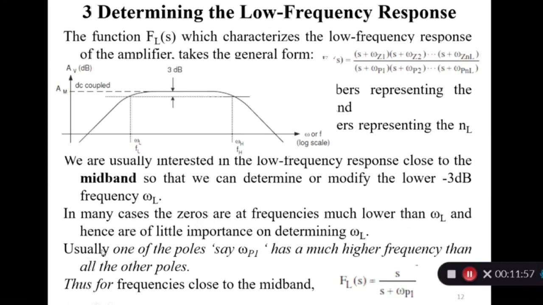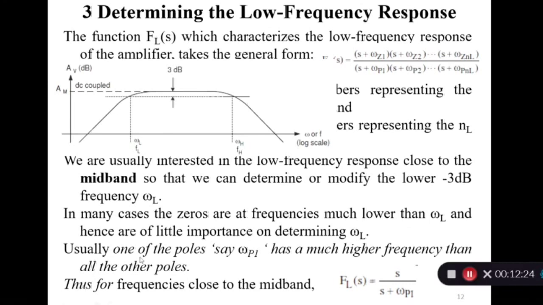Usually one of the poles, omega p1, has a higher frequency than the others. If in the transfer function or in any circuit one pole is the highest, then I will take this process. But if more than one are the highest or equivalent, then there is another formula which I will derive after 5 or 10 minutes.